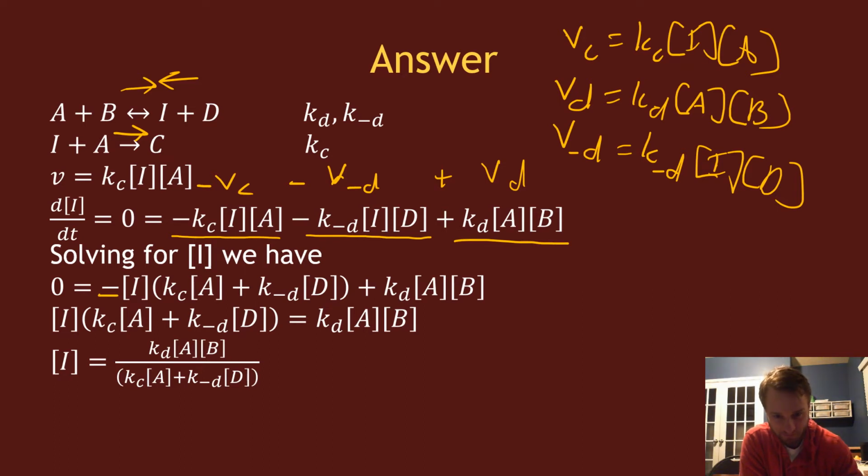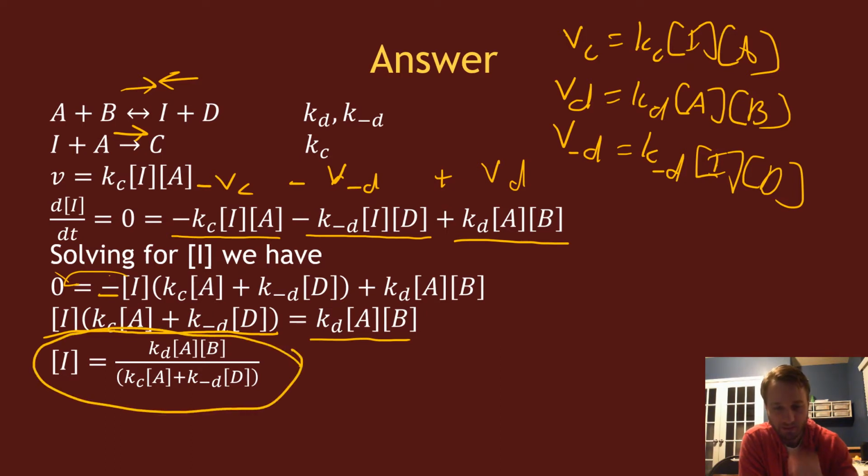I can add the second term to the other side to get I times (KcA plus K minus D D), and that equals KD AB. Then divide both sides by KcA plus K minus D D to get this final term for what I is.